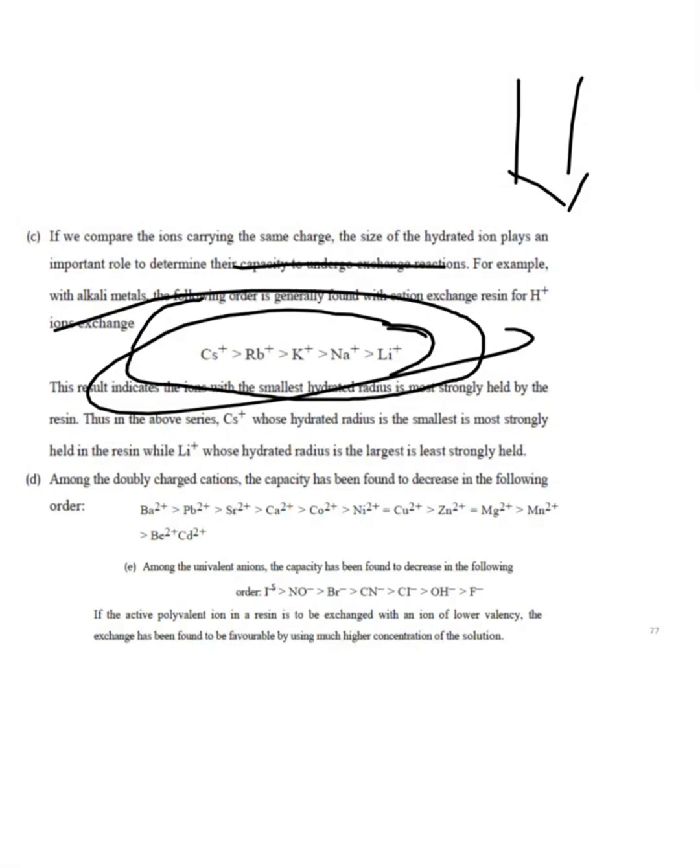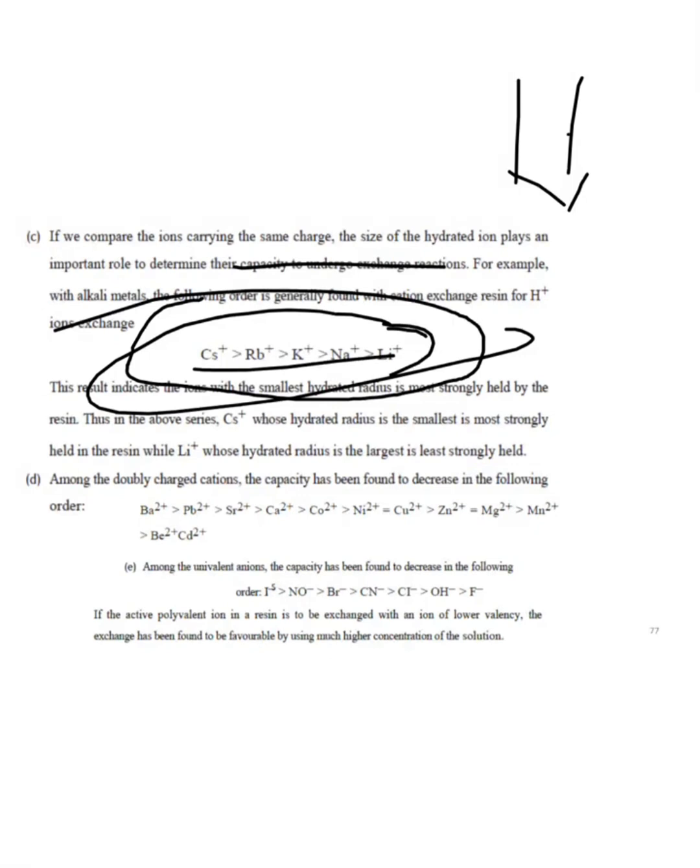So here, for example, cesium, rubidium, potassium, sodium and lithium have a small hydrated radius, meaning the size is very small, and they are held more strongly by the stationary phase, with a stronger force.